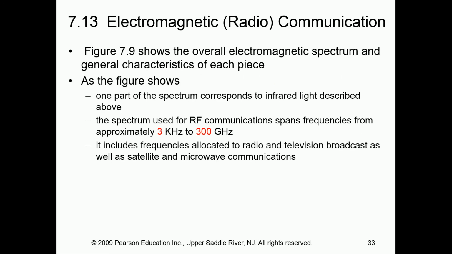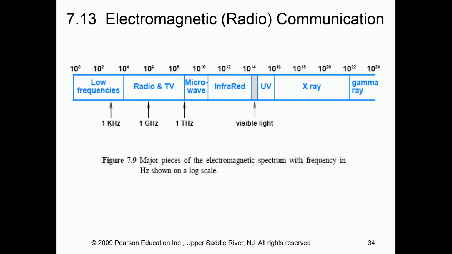So let's talk a little bit more about our RF frequencies. That's normally the frequencies between 3 kilohertz and 300 gigahertz. Most of the time, though, it's better to see it represented as a chart. Our 1 gigahertz typical range is our radio and TV. For example, 102.7 would be in megahertz.